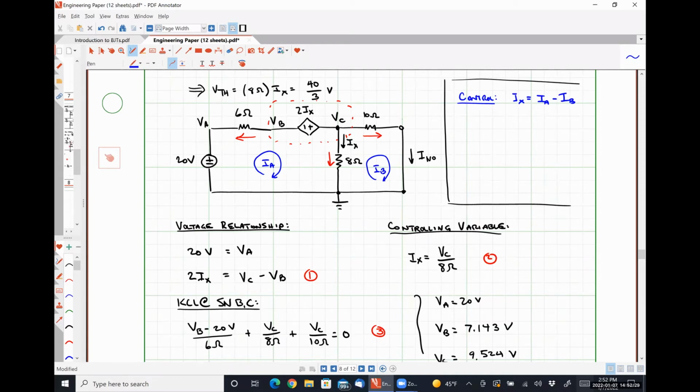Then I would need to just write a KVL equation for mesh A and a KVL equation for mesh B, and I'd be finished. So KVL at A would be -20 plus 6 ohms IA minus twice IX plus 8 ohms times (IA minus IB) is equal to 0.